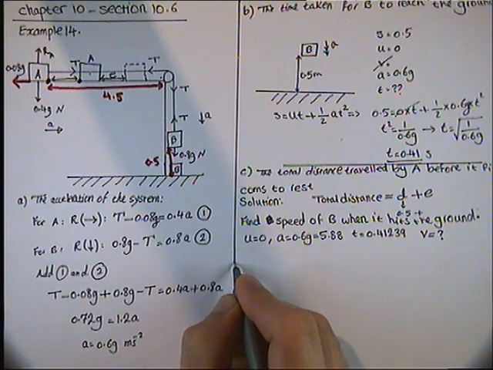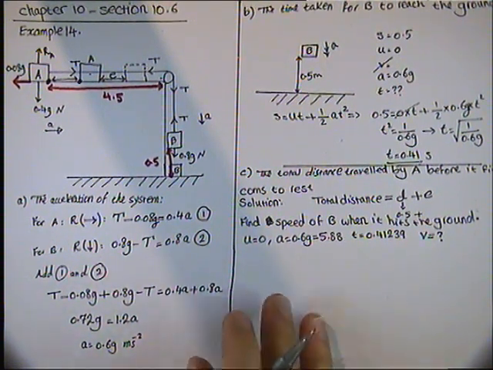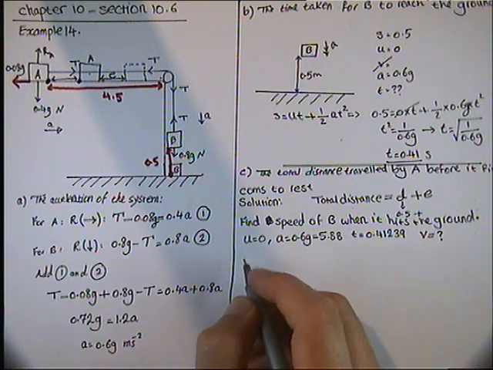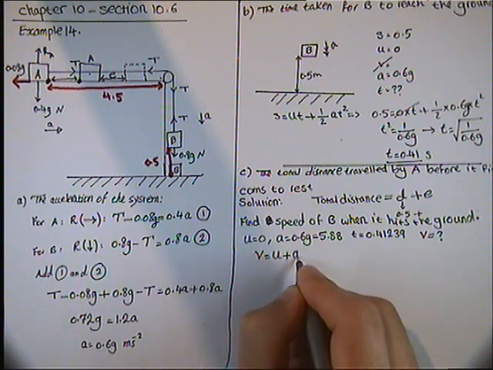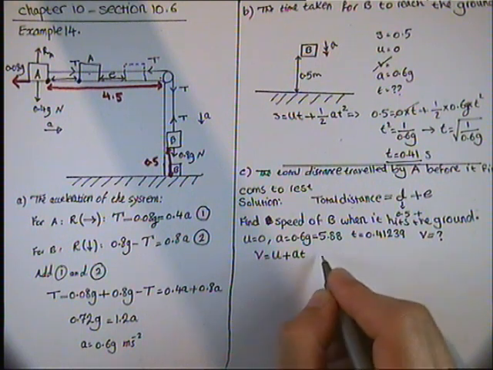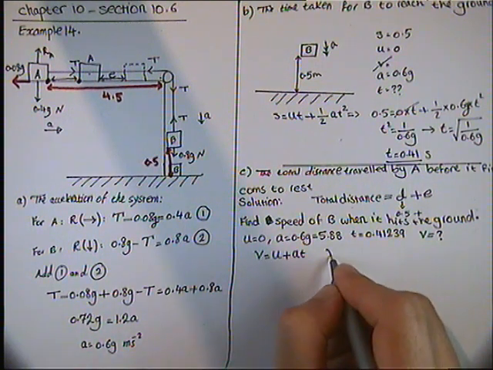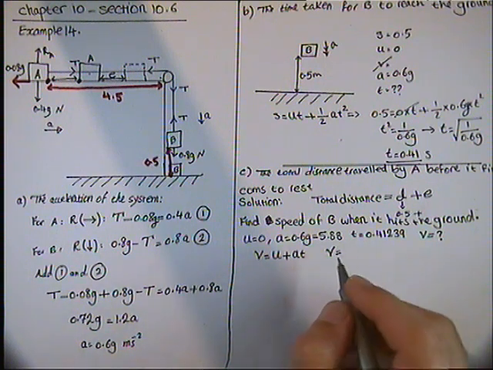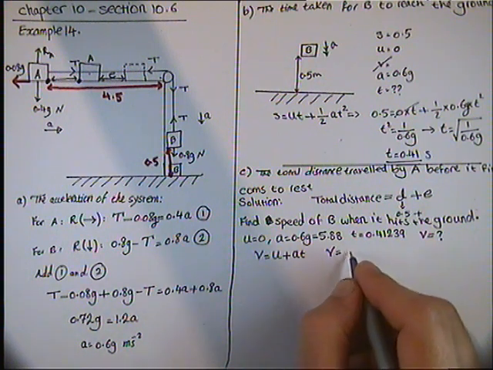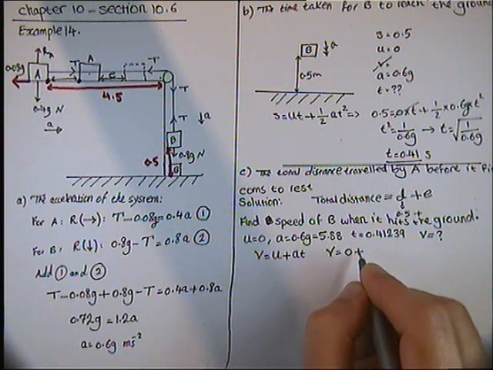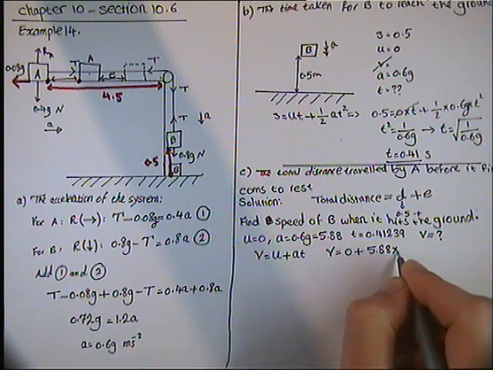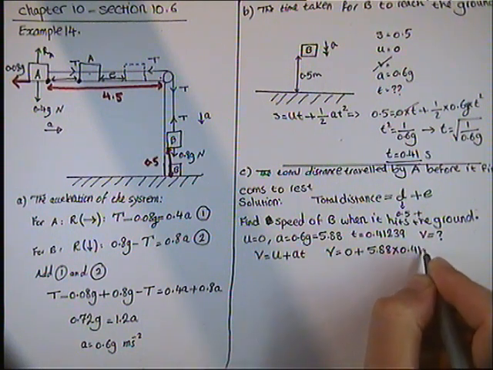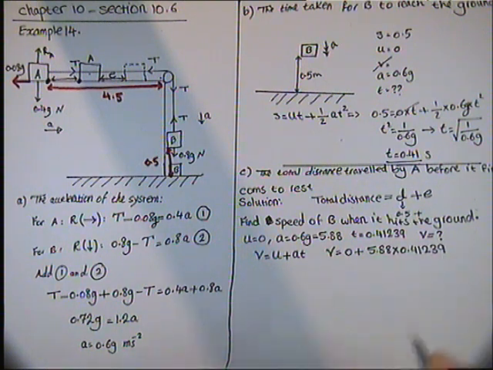Okay, so velocity of b when it hits the ground, we could use v equals u plus at. Just to save space, I'll write it on the same row. u is 0 plus 5.88 times 0.41239.